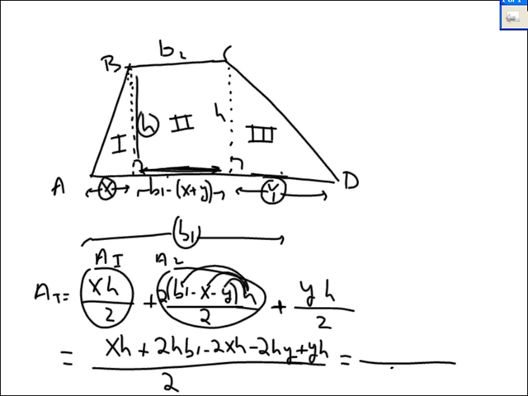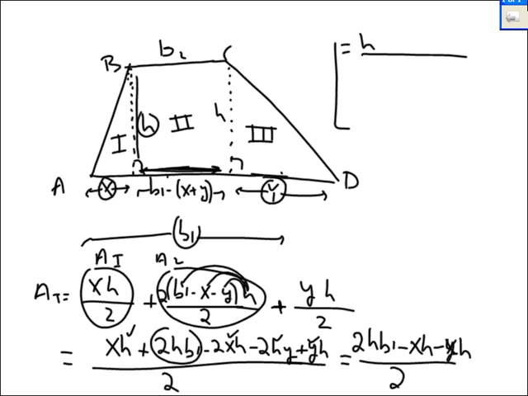We clearly have 2 on the bottom, 2HB1 on top. If you have XH and you take away 2 XH's, you are minus XH. And if you have HY and you take away 2 of them, you are minus 1 HY. Coming to the top, it's all over 2, I can factor out an H.